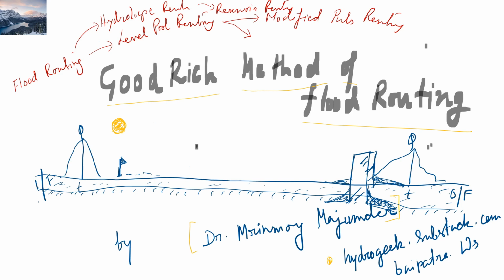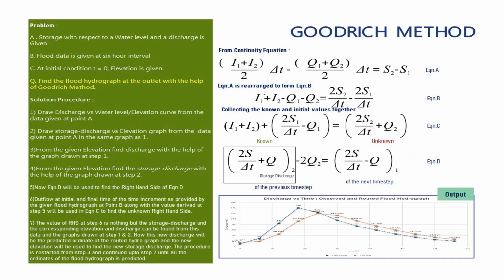So let us see how this Goodrich method of flood routing is executed. Let us see the problem. This is a working example.